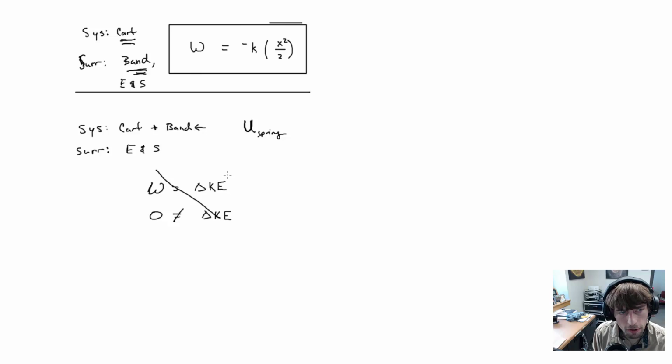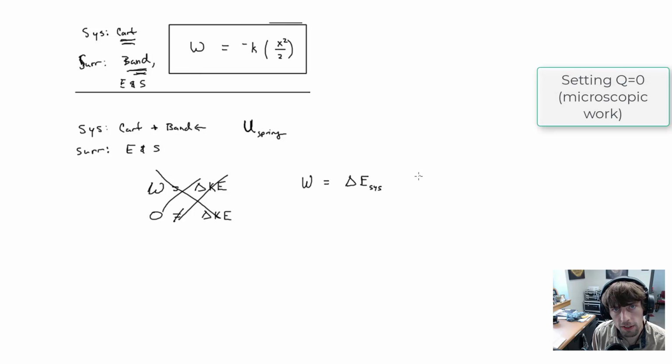So we can't apply the point particle situation anymore. That's a no-no. What I do like, and this is why I introduced it, is to apply a more general equation: work is equal to the change in energy of the system. You'll notice that this is very close to the first law of thermodynamics, which I mentioned in a previous video.